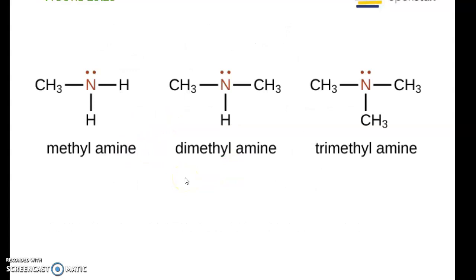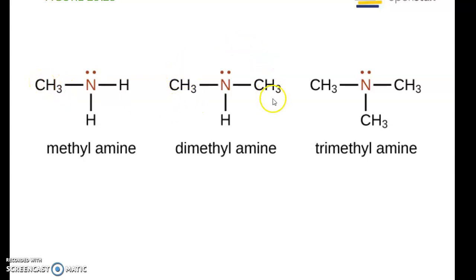The last section right now are the amines. Ammonia: you can have an organic group with a methylamine here, where one of the hydrogens on the ammonia has been substituted with an organic group.